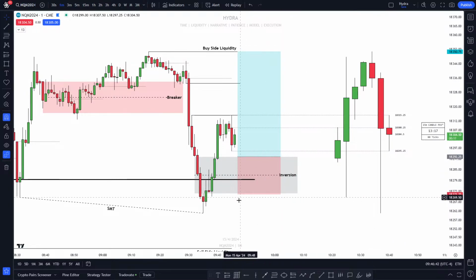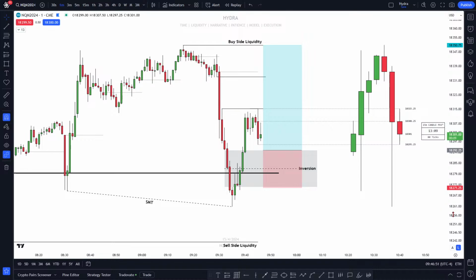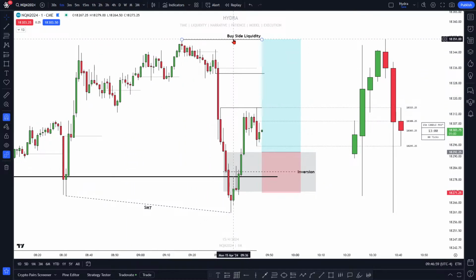I'm not gonna be expecting price to go below it. Also SMT, very nice. We also have an unfilled fair value gap. I think this is just gonna be a false breaker, and price will trend higher again.